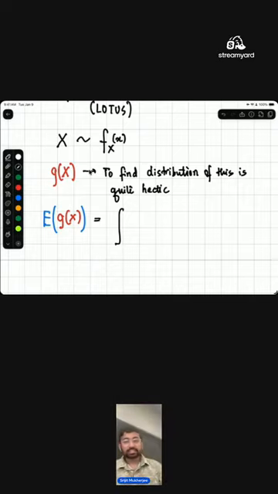So the expectation of this new function g(X) is, as I said, the density of the new random variable g(X) is hard to find.